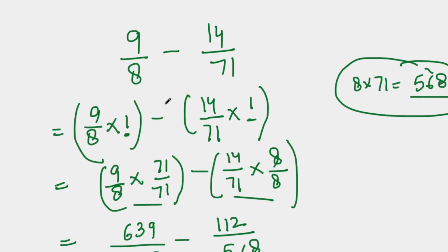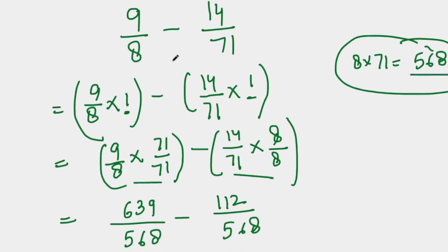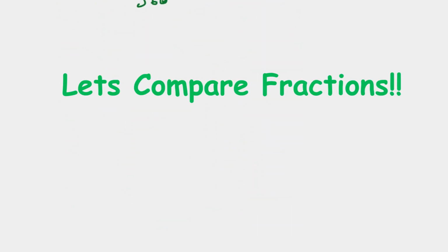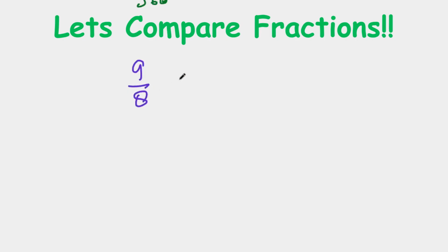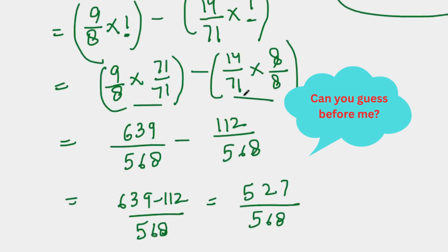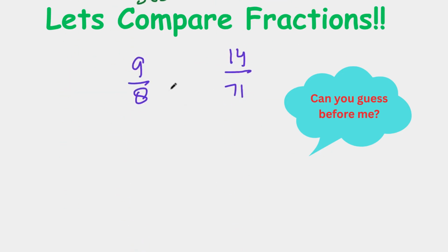All right, now these fractions are interesting. Let's see which one is bigger. The fractions we have are 9 by 8 and 14 by 71. Let's see which one is bigger and which one is smaller.